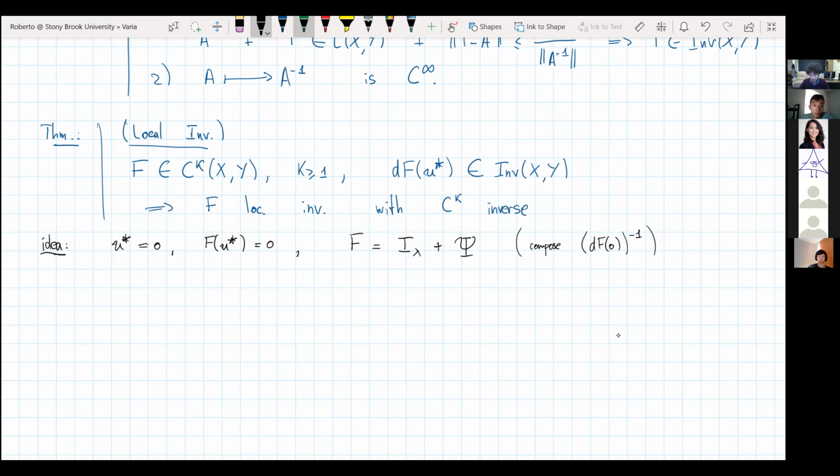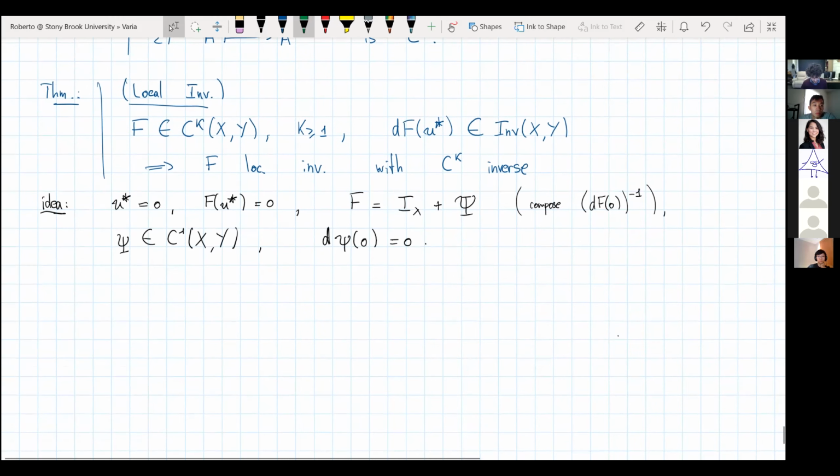This is invertible by hypothesis, so we can compose with that and we get something like this, where psi is C1 from X to Y, and the differential of psi at 0 is 0. Whatever, you can do that.